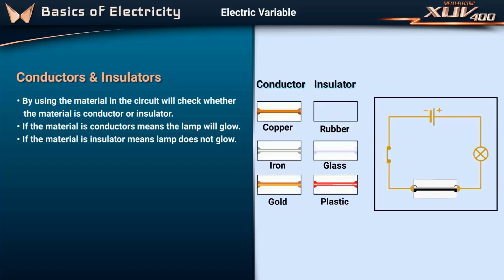Rubber material is an insulator. Iron material is a conductor. Glass material is an insulator. Gold material is a conductor. Plastic material is an insulator.